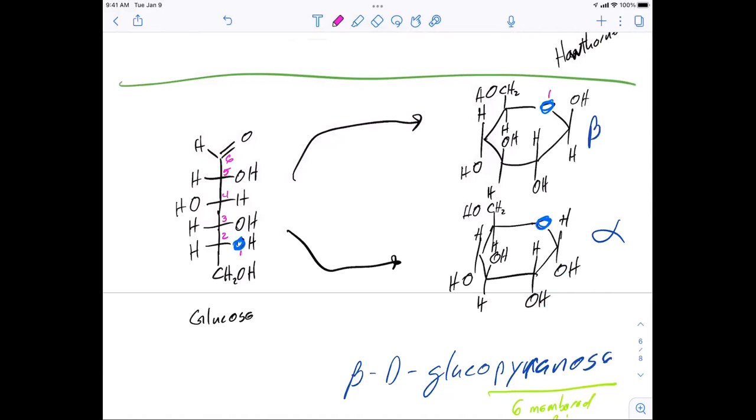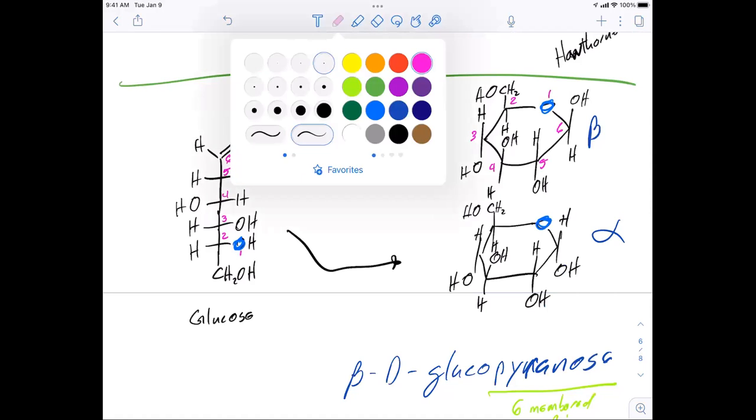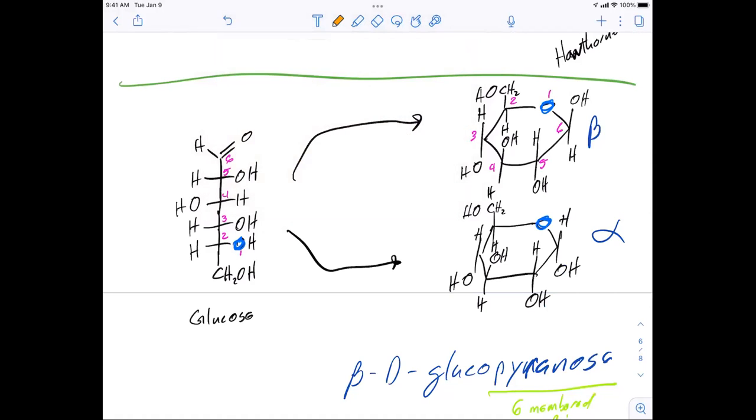So the aldehyde oxygen is this oxygen, right? So if it attacks from one face, then it's going to end up going up. If it attacks from the other face, it's going to end up going down. So the aldehyde position is a position that gives me the alpha or the beta.